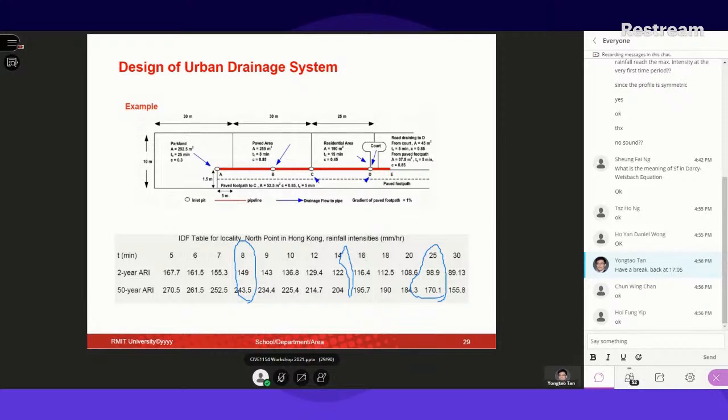Okay, after the break, we'll move on. Firstly, the time of concentration for each subcatchment is given in this example.